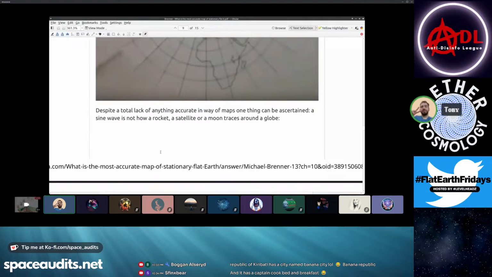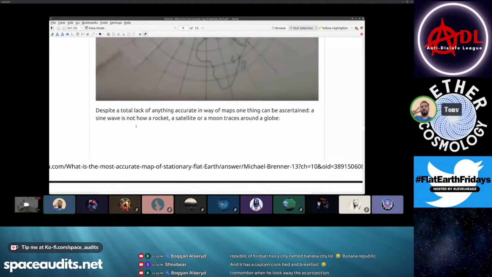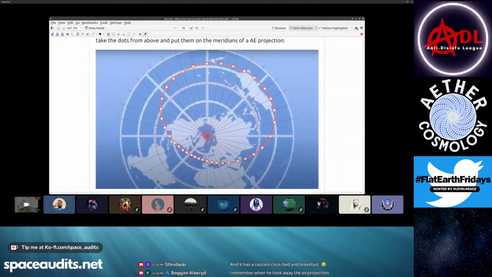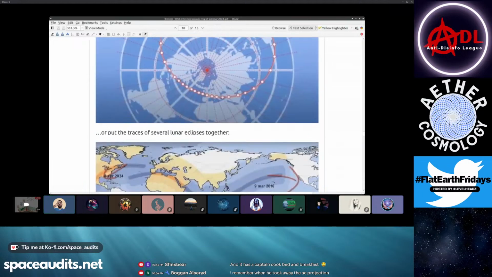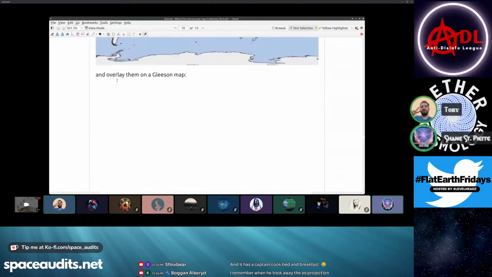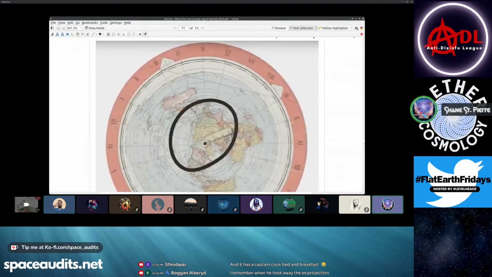Despite a total lack of anything accurate in way of maps, one thing can be ascertained. A sine wave is not how a rocket, a satellite, or a motion traces around the globe. Take the dots from the above and put them on the meridians of an AE projection, or put the traces of several lunar eclipses together and overlay them on a Gleason map.